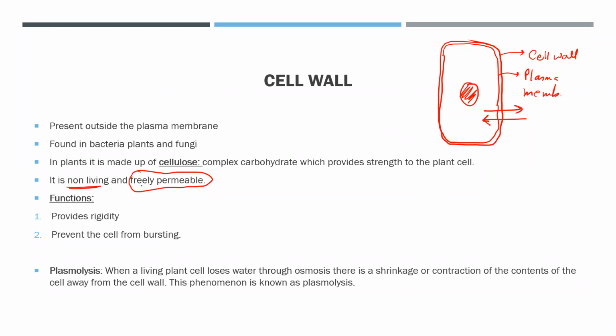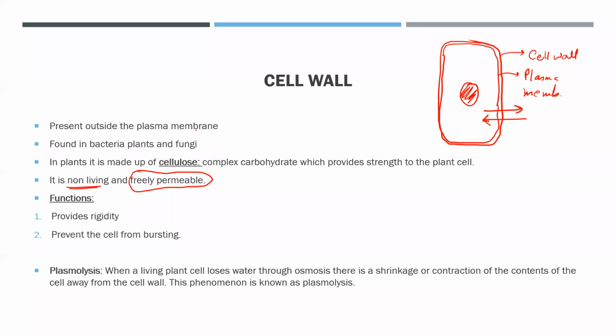The second difference is that the cell wall is the freely permeable membrane, whereas the plasma membrane is not freely permeable. Okay.